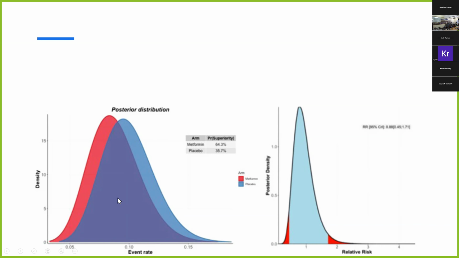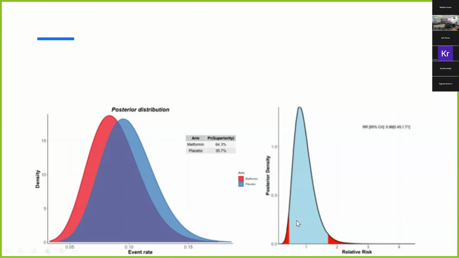And if the metformin was beneficial, what we would have observed is the two curves being well separated, with the metformin curve on the left side and the placebo curve on the far right. But here we could see that both of them are almost overlapping, showing that the difference was very minimal. And the curve on the right side shows the relative risk on the x-axis and the posterior density on the y-axis.